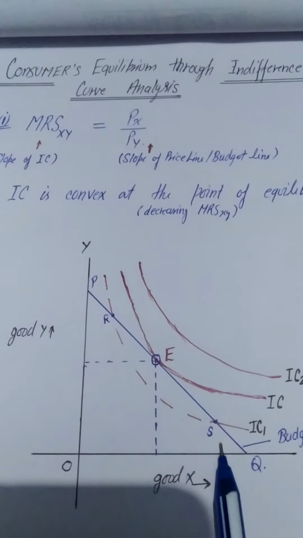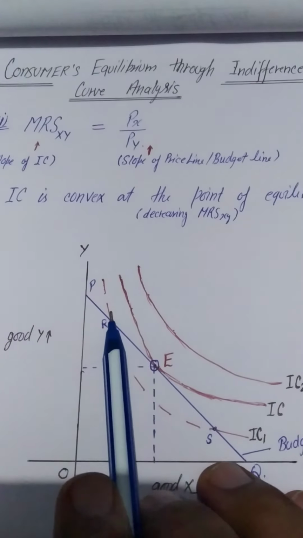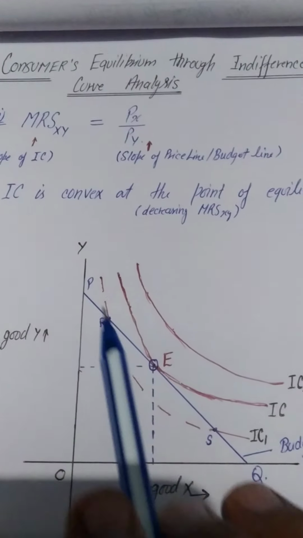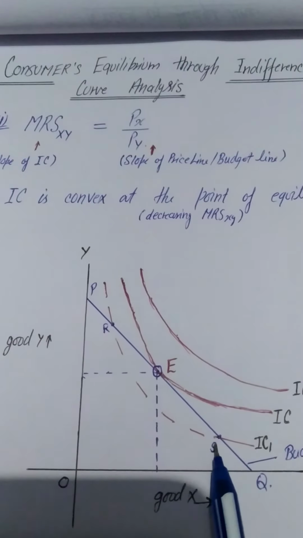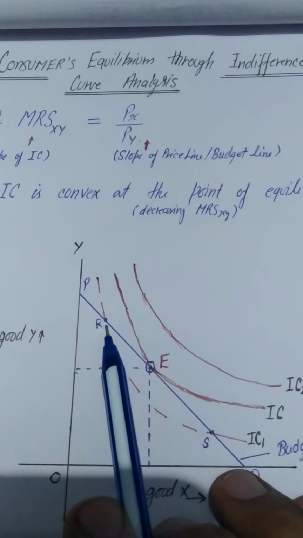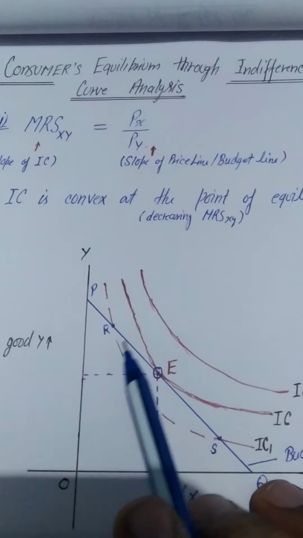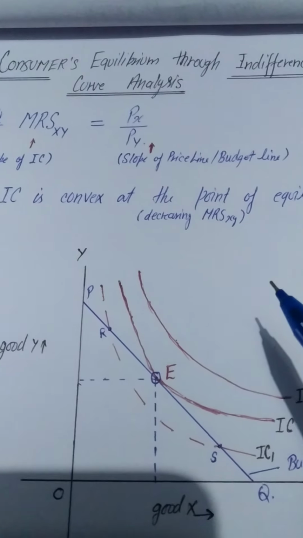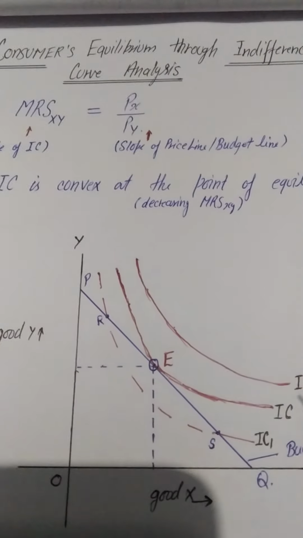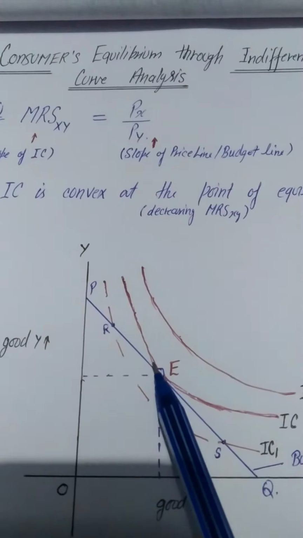points R and S. But these 2 points cannot be the equilibrium stage because they are on a lower indifference curve. And all of you will be well aware that a higher indifference curve shows a higher level of satisfaction, and the consumer will be in equilibrium when his satisfaction is maximum.